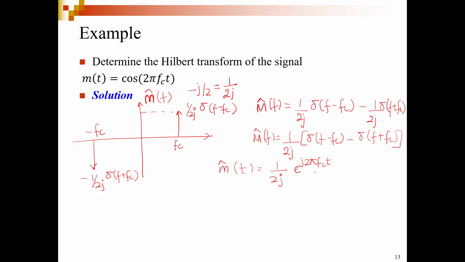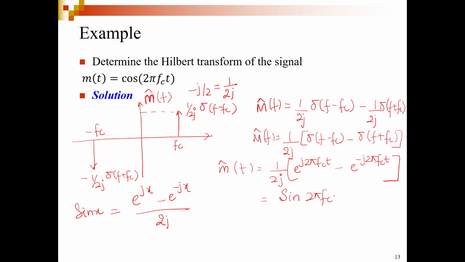So we can conveniently write this as e to the power j 2 pi fct, and this one as minus e to the power minus j 2 pi fct. This component is of the form e to the power jx minus e to the power minus jx divided by 2j, which is nothing but sine of x. So it is of this form. Therefore we can conveniently write this as sine 2 pi fc t.